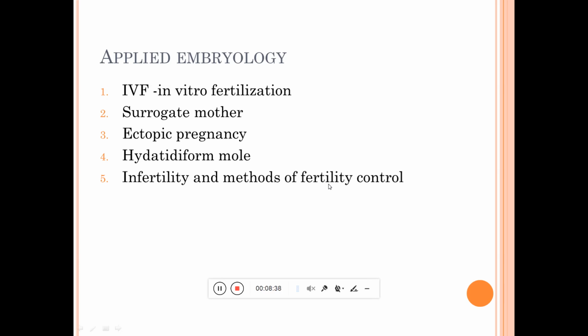In this way, so many methods are used to prevent fertilization, whether natural, permanent, or temporary. This is about the applied aspect of this chapter in embryology.